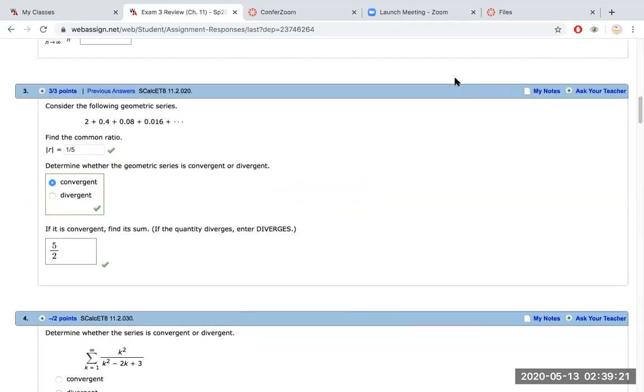So this one I had already put in just to double check it before. Consider the following geometric series: find the common ratio, whether or not you have a convergent or divergent series, and then if it is convergent, find its sum.